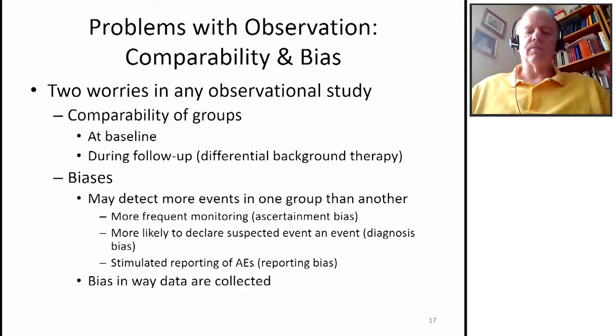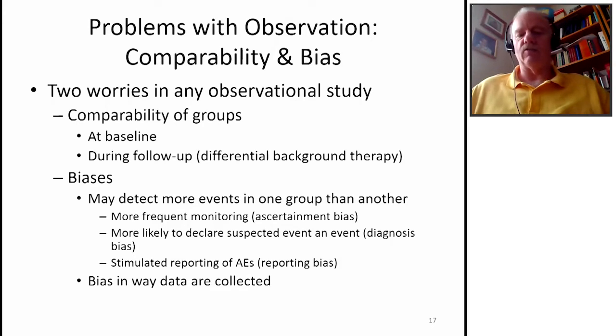There are also different biases in observational studies. You may detect more events in one group than another because maybe there's more frequent monitoring. The doctor might be looking more closely at them if the doctor believes that they're engaging in some activity that's risky.